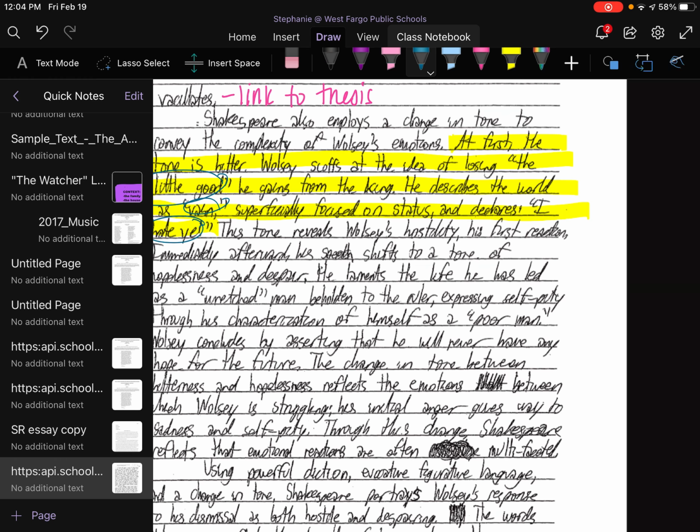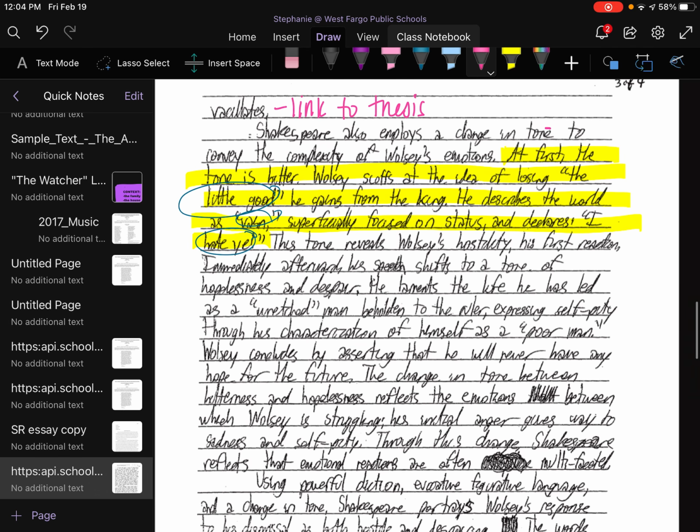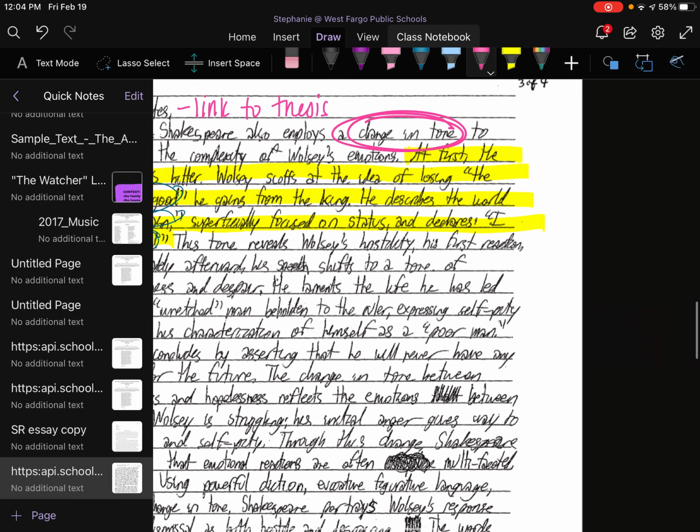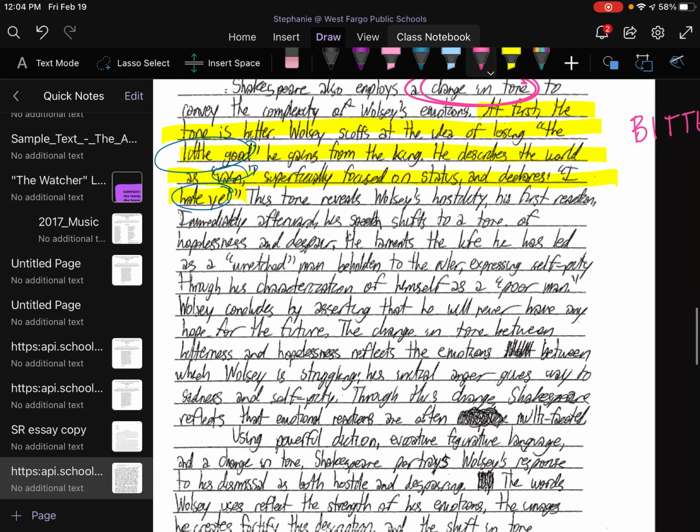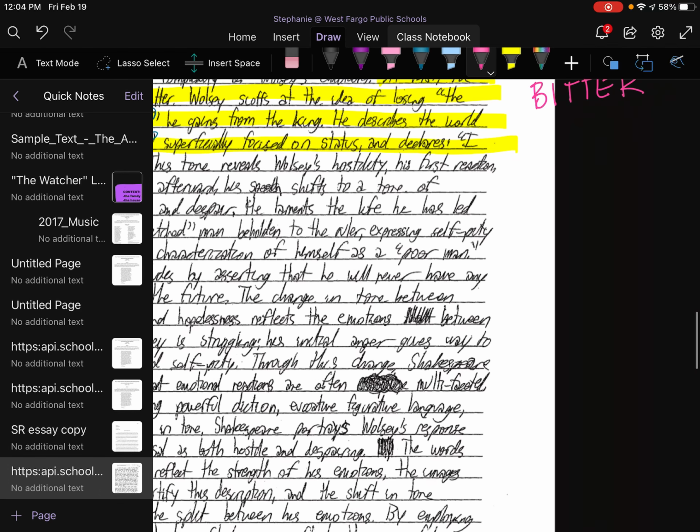So another thing I want to point out about talking about tone, especially when it's a change in tone, you want to talk about them in isolation. So here, he's talking about how Wolsey has a bitter tone. Well, down here, he's going to talk about despair.